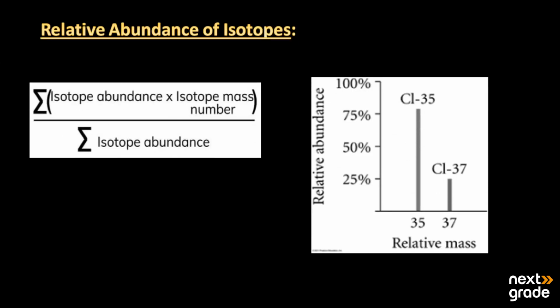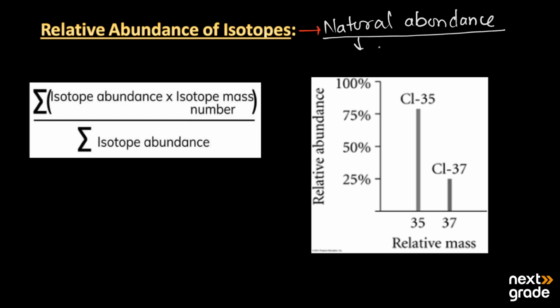Next we have the relative abundance. What does relative abundance mean? Basically, relative abundance is the natural abundance of the isotopes, that is, the percentage of the isotopes present in nature. This is called the relative abundance of the isotopes.